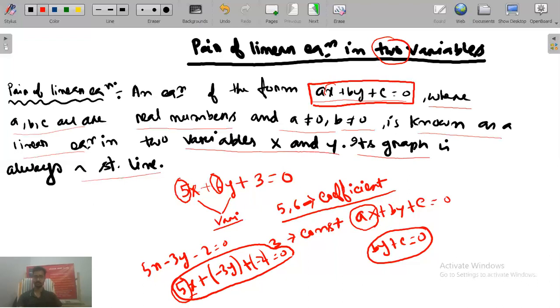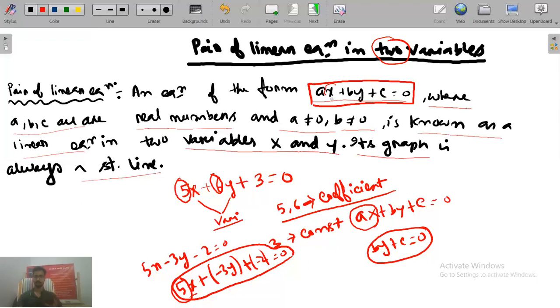Variable means the values can be changed. These are variables, and a coefficient is the number along with the variable.